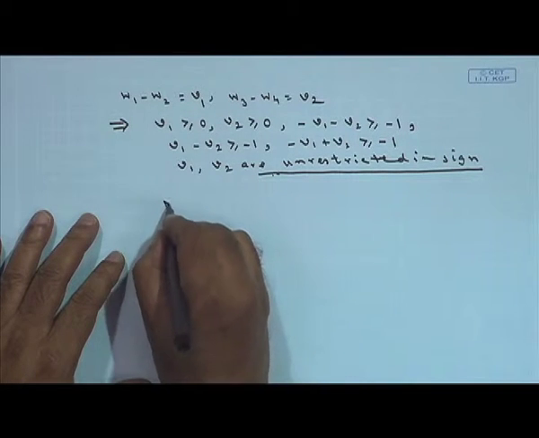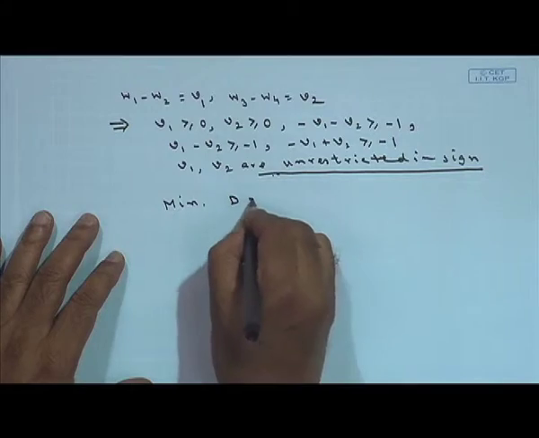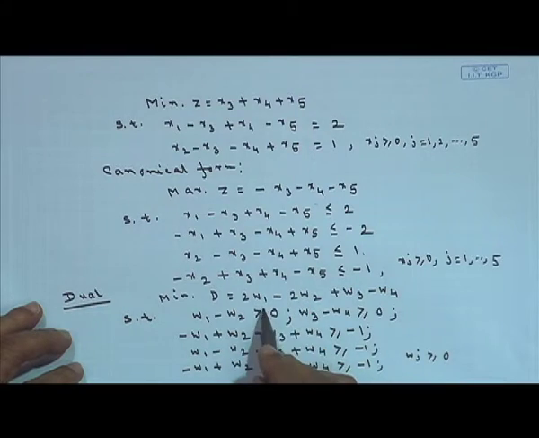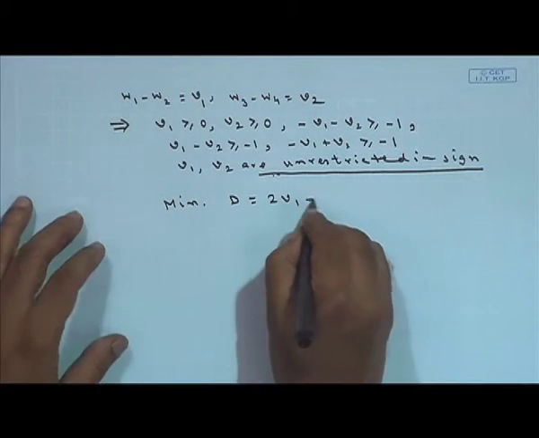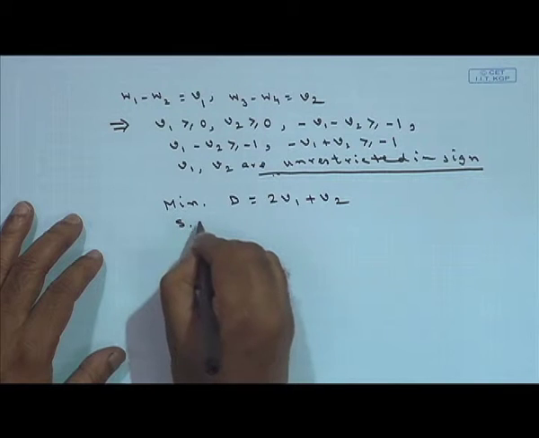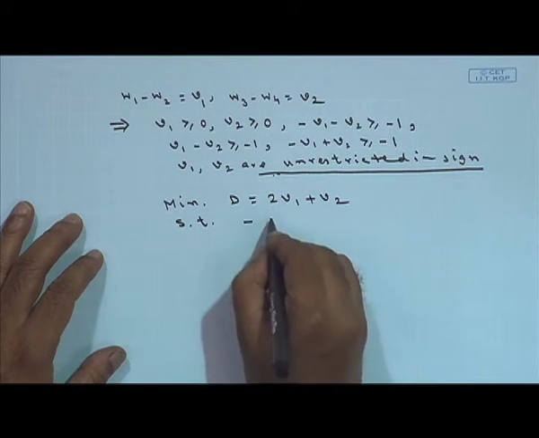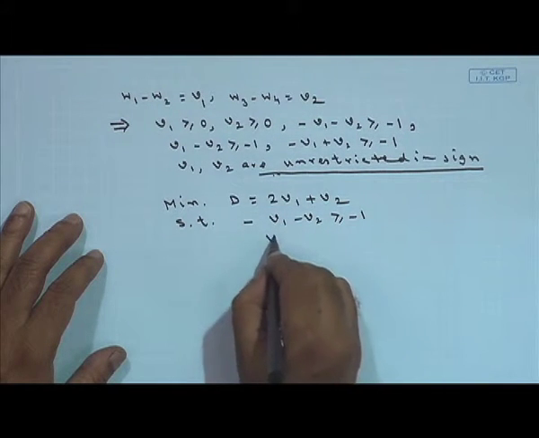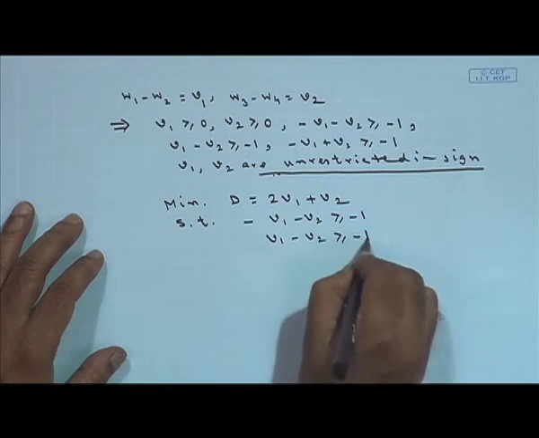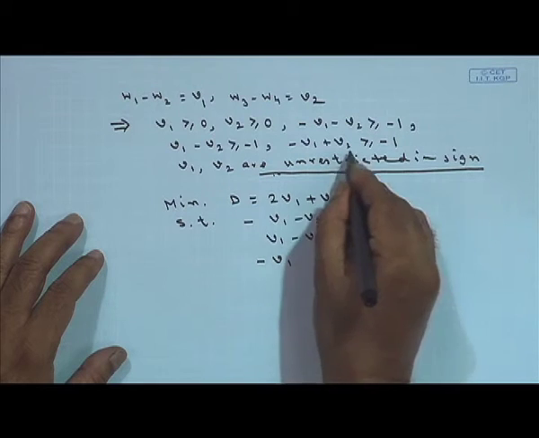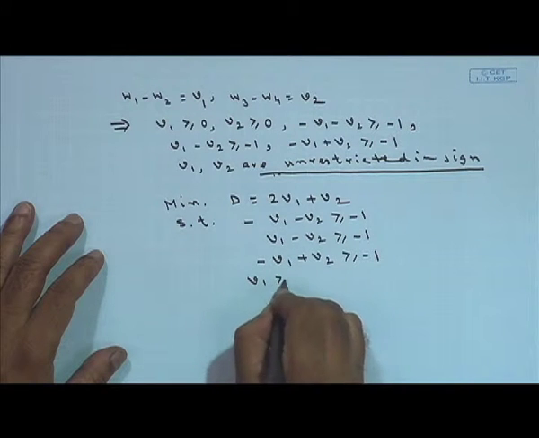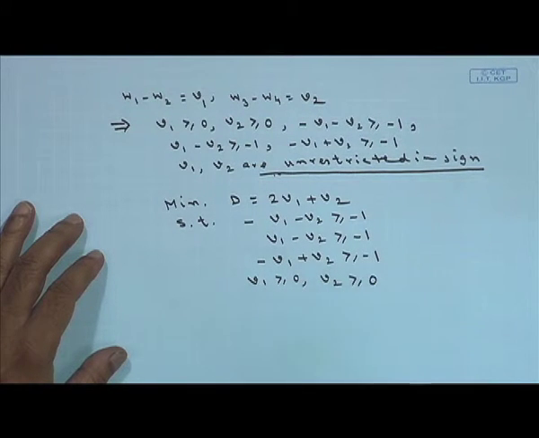Therefore, the minimization problem in terms of V1, V2 we can write down: minimize D equals 2 V1 plus V2, subject to minus V1 minus V2 greater than or equal to minus 1, V1 minus V2 greater than or equal to minus 1, minus V1 plus V2 greater than or equal to minus 1, and V1 greater than or equal to 0, V2 greater than or equal to 0.